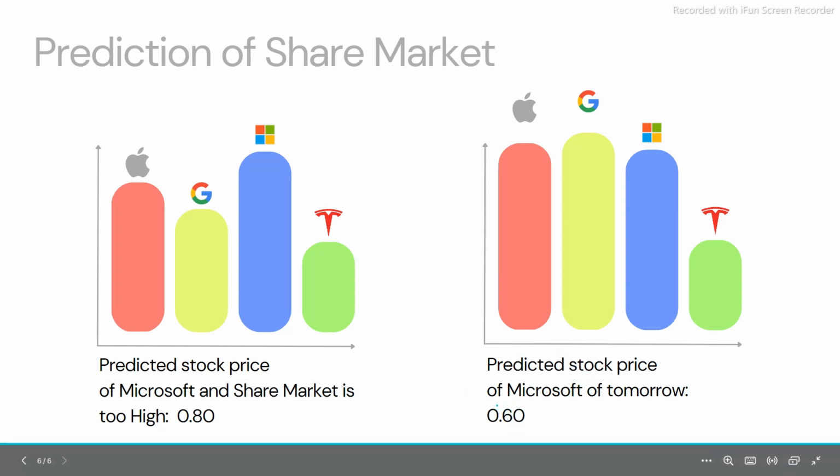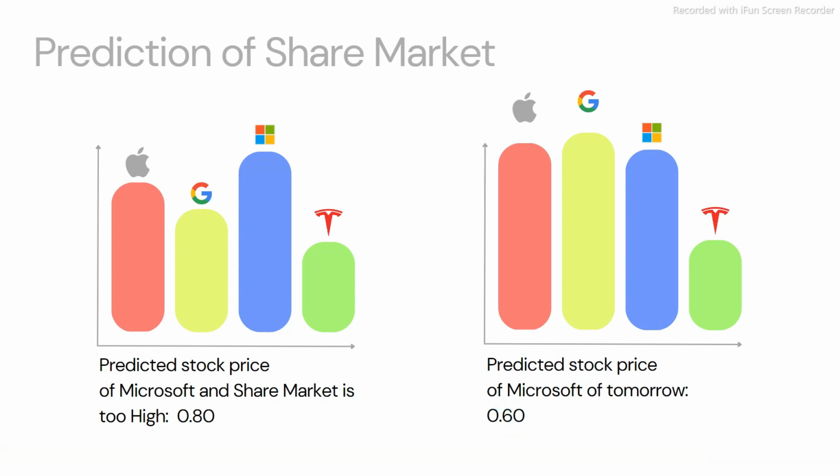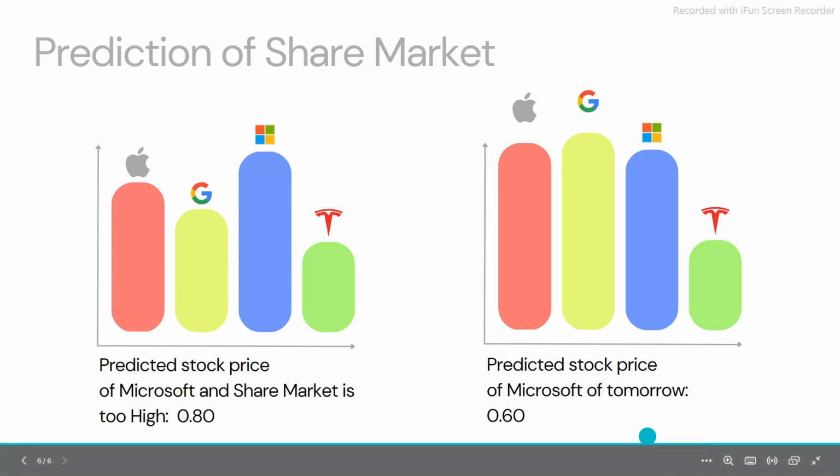By dividing 0.80 by 0.60, we get 1.33 as the answer. That means if there is an increase in the overall share market, then there will be a 133% chance that the Microsoft share will increase tomorrow. And this is how we go with conditional probability.